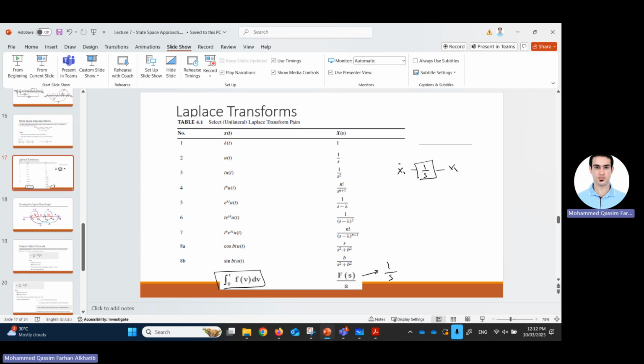So x1 prime multiplied by 1 over s, I'll get x1.